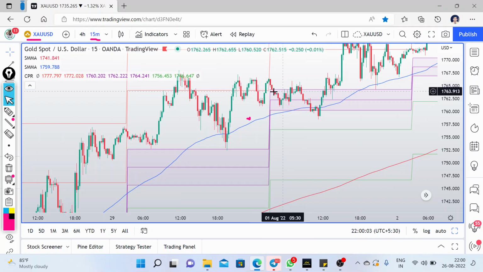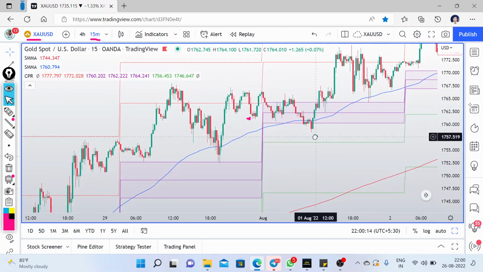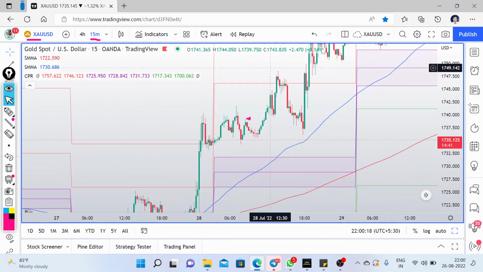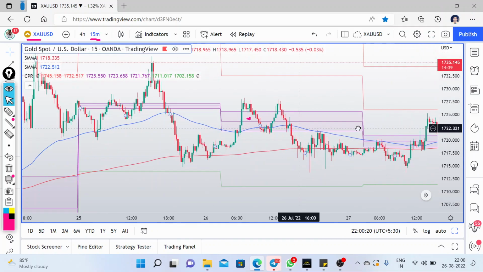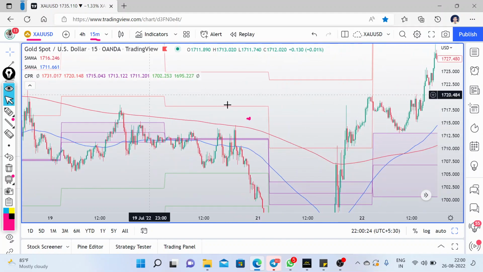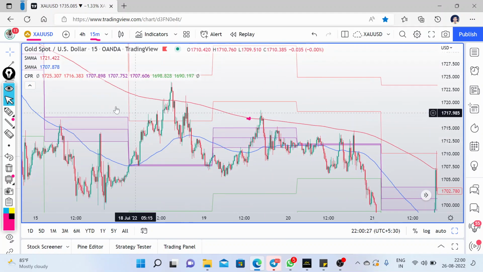If you enter here on the open, or on the closing of a candle above the CPR, you can enter here. You can see a good movement. There are multiple examples that I can explain, but I am not going to discuss them because the video is going to be lengthy.